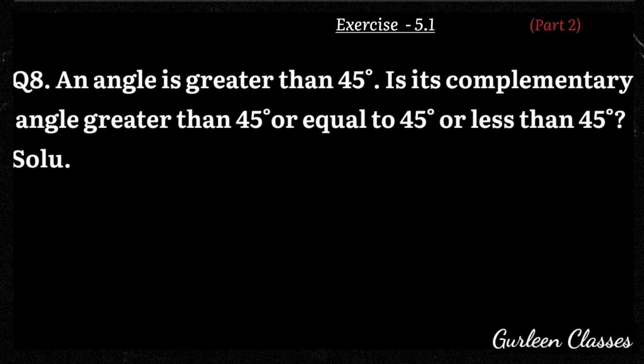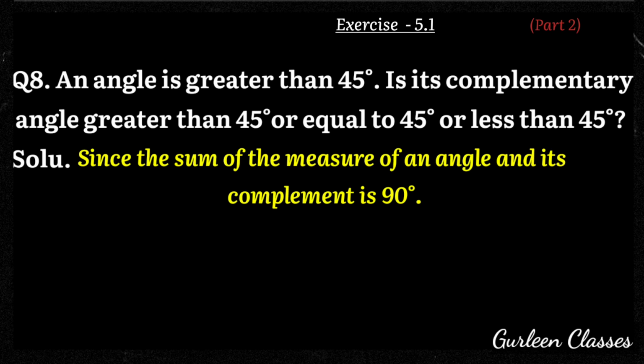Question number 8. An angle is greater than 45 degree. Is its complementary angle greater than 45 degree or equal to 45 degree or less than 45 degree? So here we have to take an angle that is greater than 45 degree. So we have to tell whether its complementary angle is greater than 45 degree, equal to 45 degree or less than 45 degree.